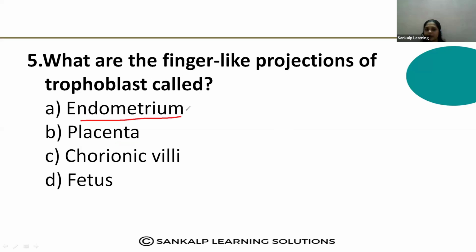Endometrium is part of the uterus and will not form the finger-like projection. Placenta provides the nutrition and is a structural and functional unit. But chorionic villi are the finger-like projections around the trophoblast layer. So the correct answer is chorionic villi. Yes.